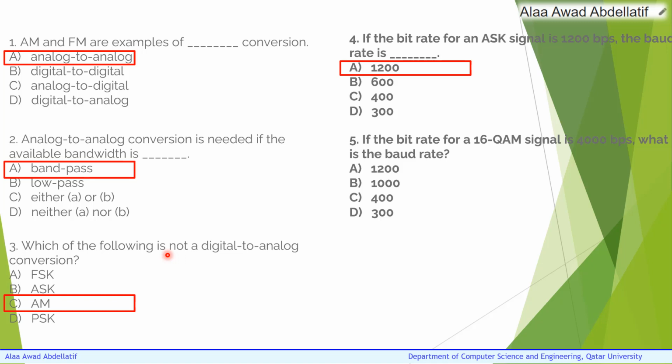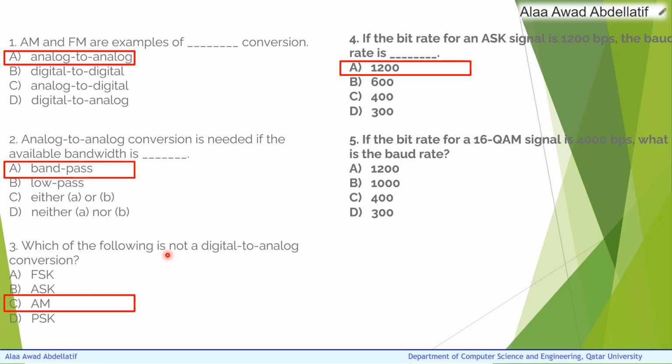Now for 16 QAM the matter is different. If the bit rate for 16 QAM is 4000 bits per second, what is the baud rate? Again, the relation between them is the R. R for 16 QAM is 4 because R equals log2 L, and L is the number of symbols in the constellation diagram. So log2 16 is 4. So I'm sending 4 bits in one symbol.